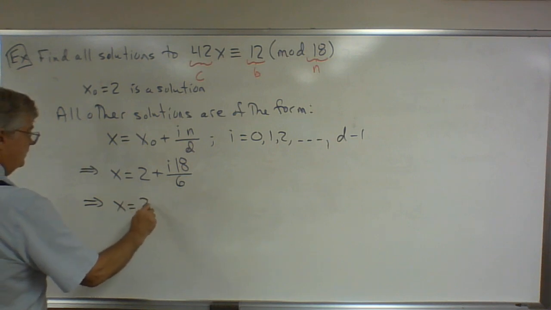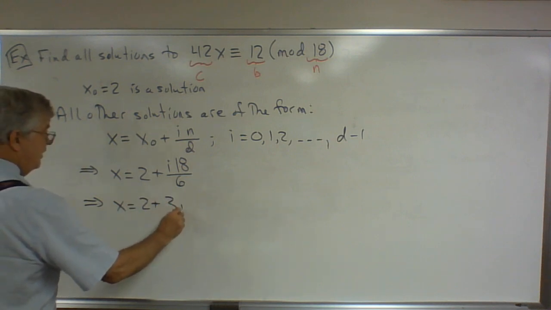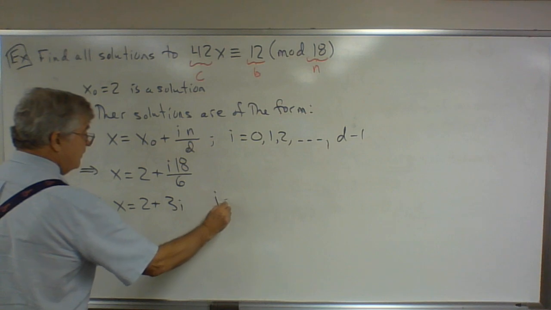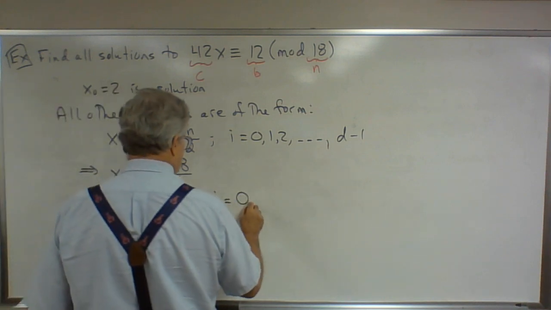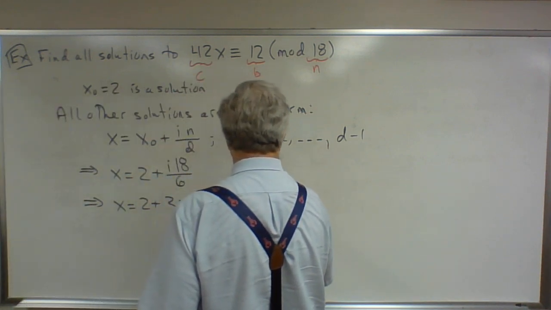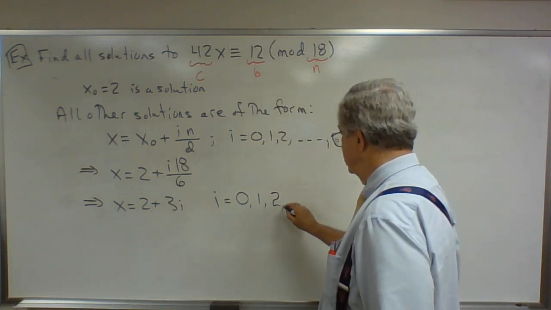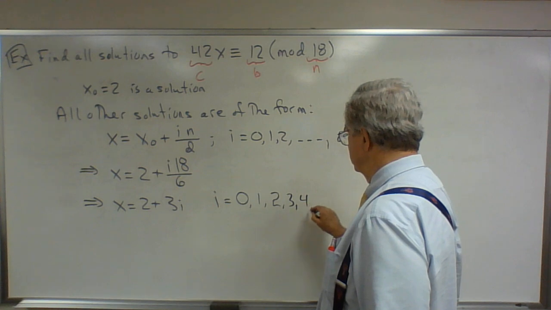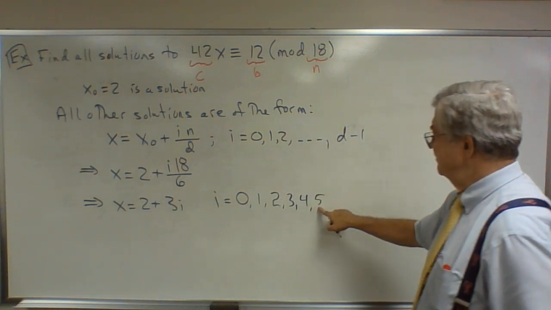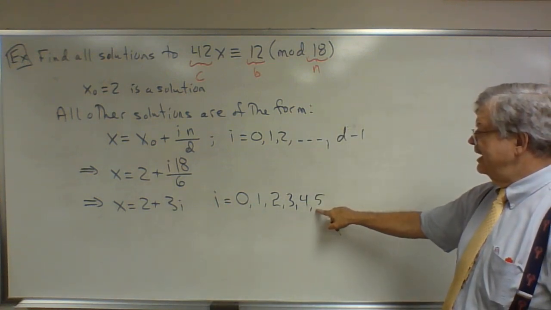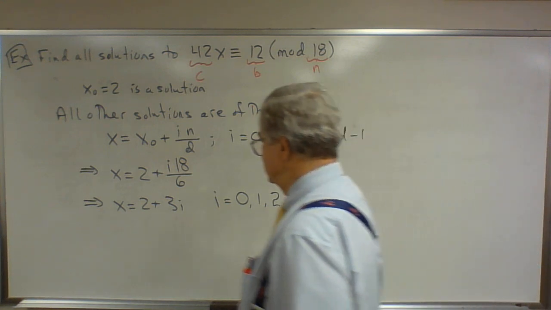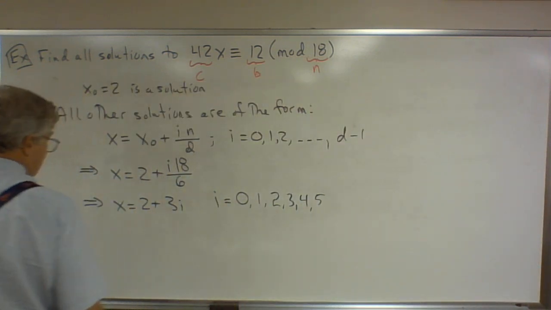X is congruent to 2 plus 3i for i equal 0, 1, 2, 3, 4, 5. D is 6. This is d minus 1. Holy moly. We've got a lot of solutions.